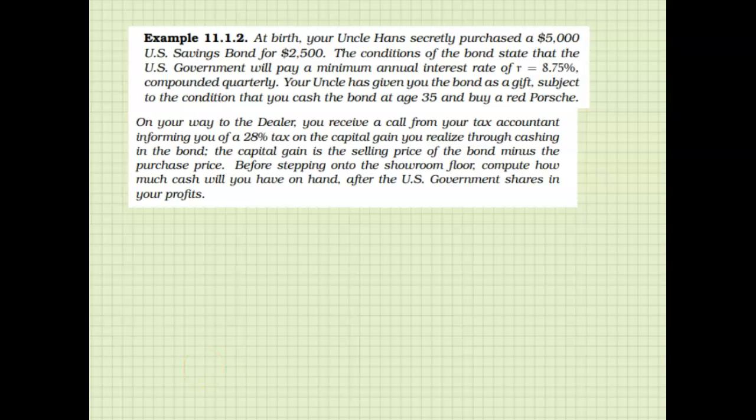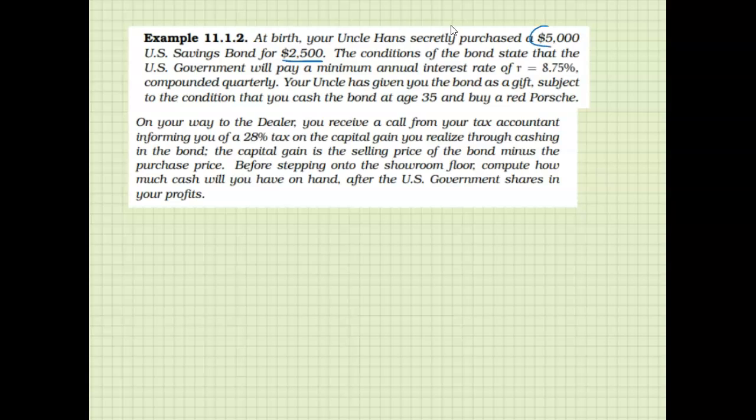All right. Let's see. So we need to figure out how much the bond is worth. Okay, so according to our formula, we're given the initial value of the bond, which is $2,500.